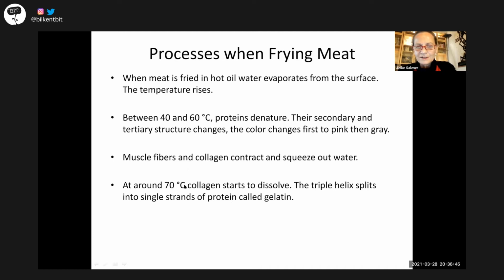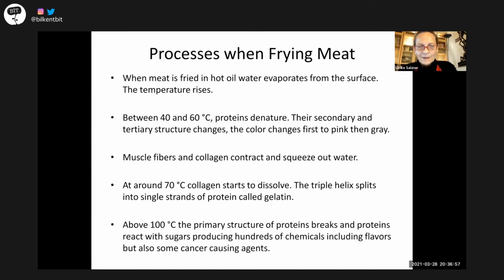At around 70 degrees, the collagen starts to dissolve, and the triple helix splits up into single strands of protein. This is called gelatin. These are the individual strands. And above 100 degrees, the primary structure may also start breaking apart. On top of that, the proteins react with the sugar in the muscle fiber.